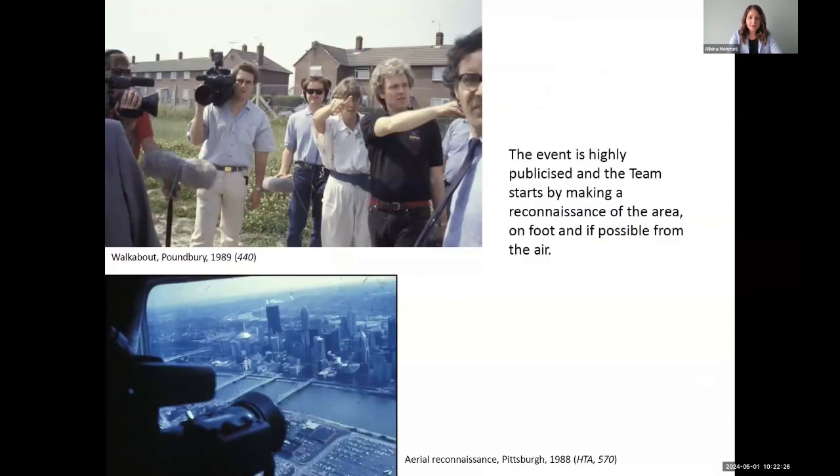So the event is highly publicized and the team starts by making a reconnaissance of the area on foot and if possible from the air. This can also be some medium or some advertisement in order to give voice to the problem and to gather more and more locals, maybe outside the city, outside the town, and not only.